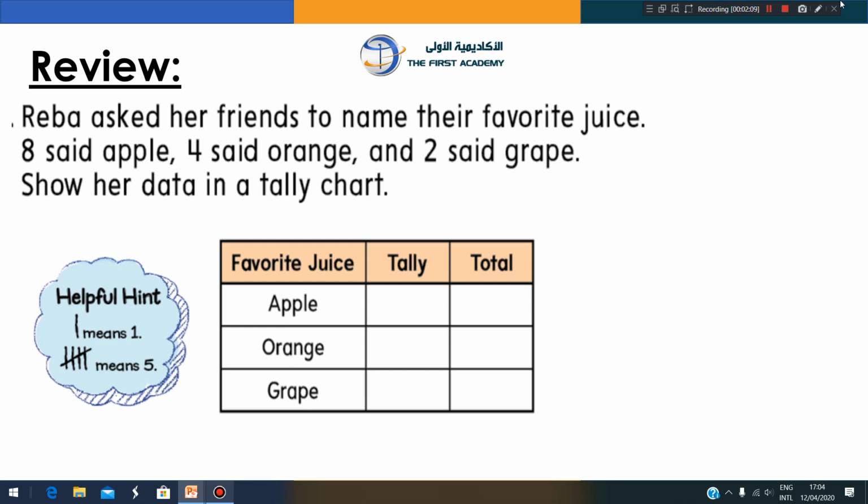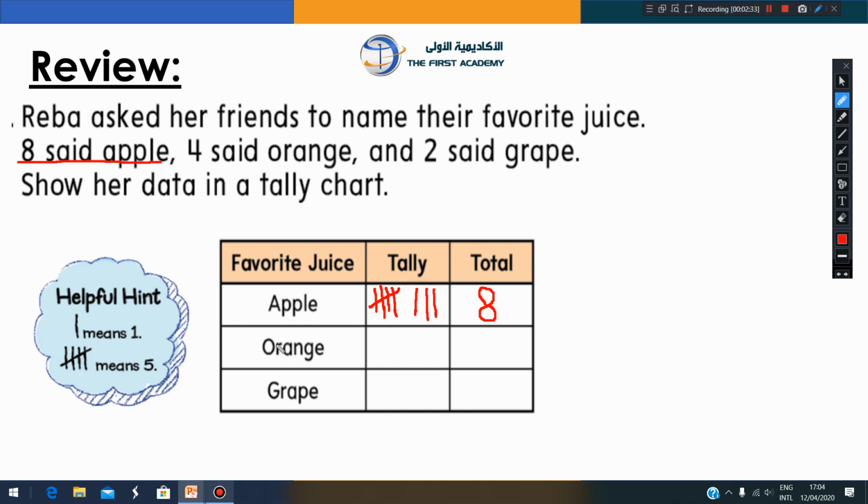So let's do the tally chart together. We know that 8 said apple. So let's do the tally chart. 1, 2, 3, 4, 5, 6, 7, 8.